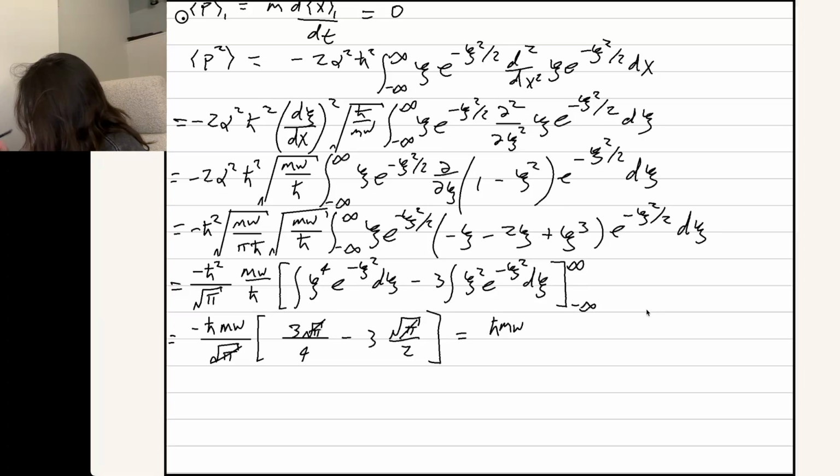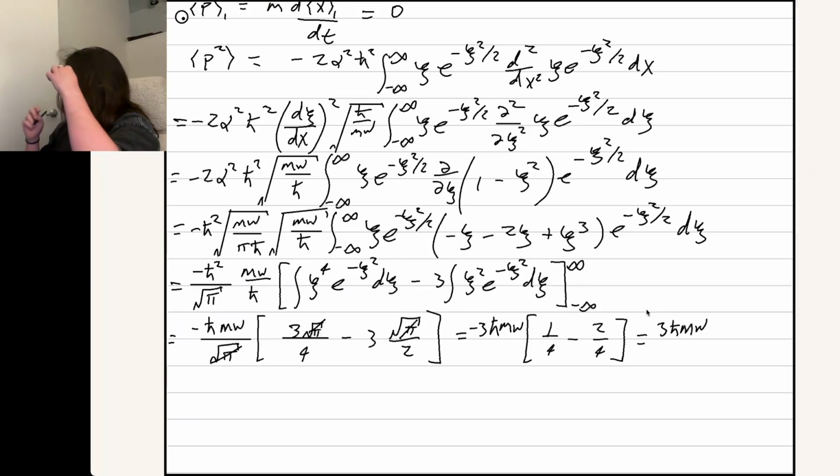I'll factor 3 out. And so we have 1/4 minus 2/4, which is 1/4 again. So 3ħmω over 4. I don't think I did that right.